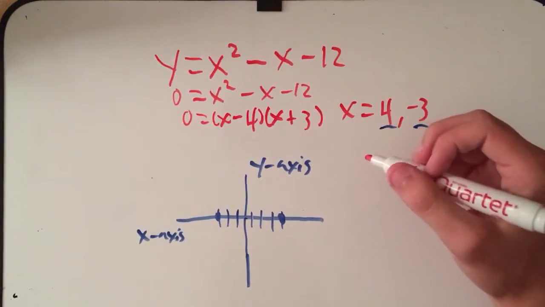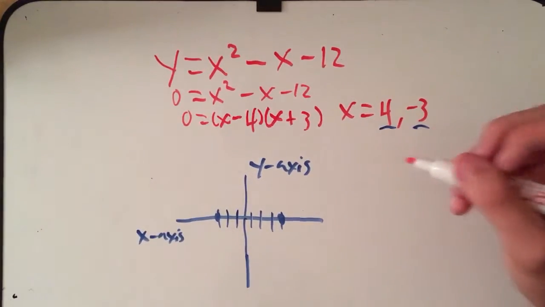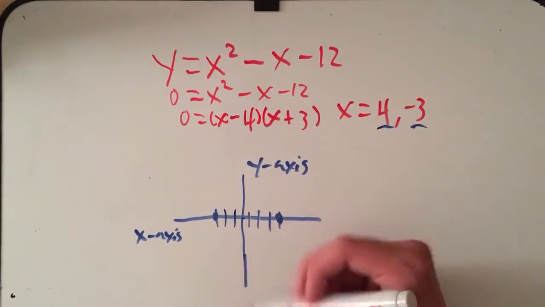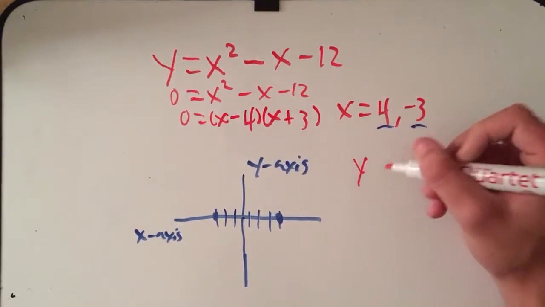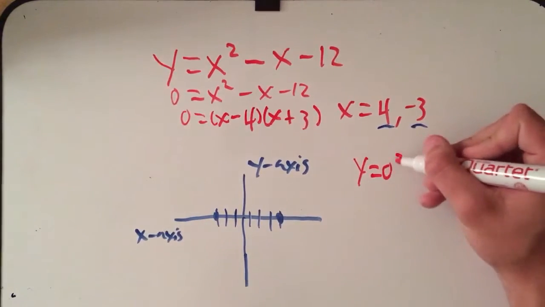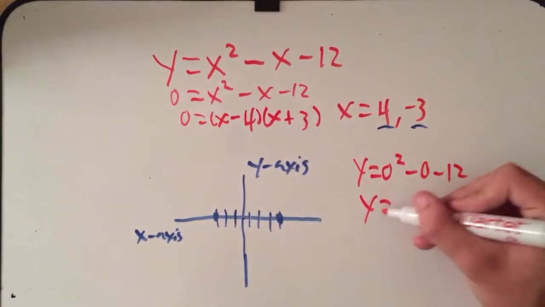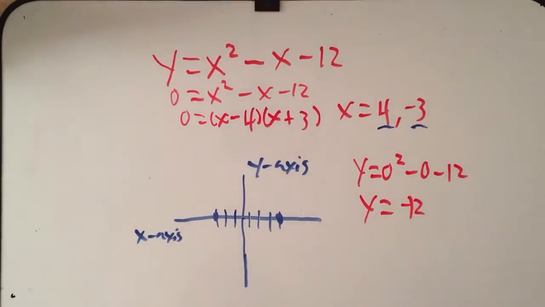But same thing goes for solving for where it's going to be on the y-axis. So you set the x's equal to 0. And then that'll give us negative 12.